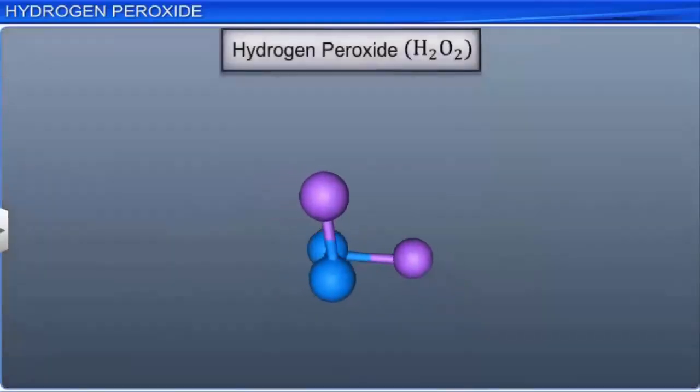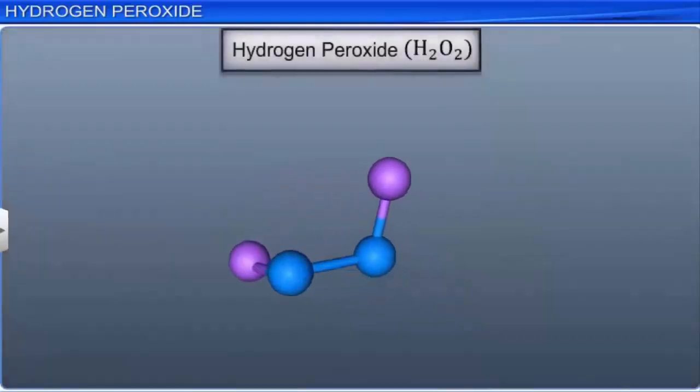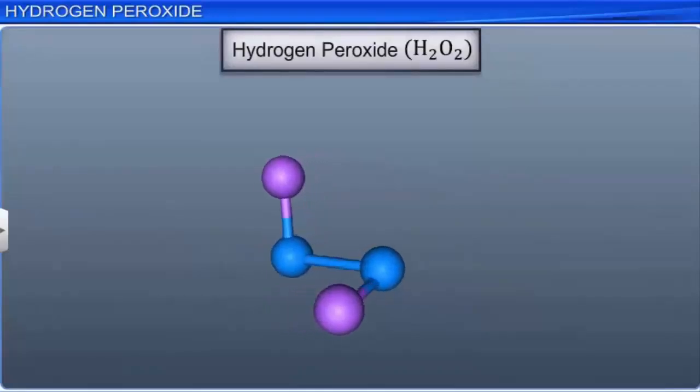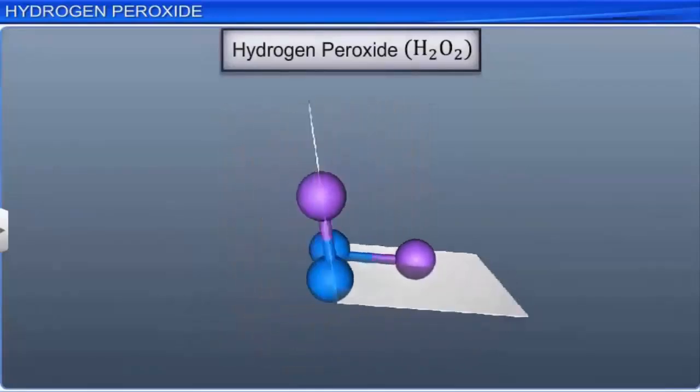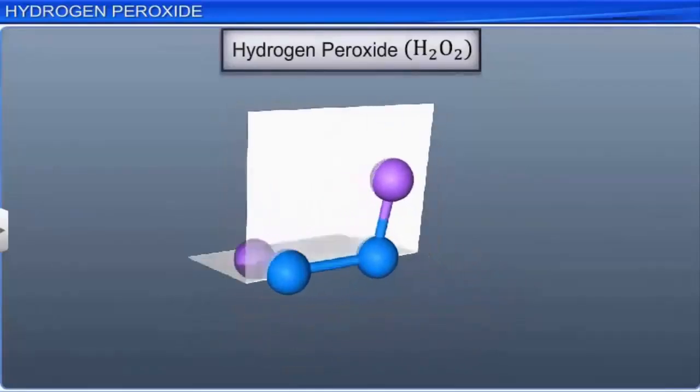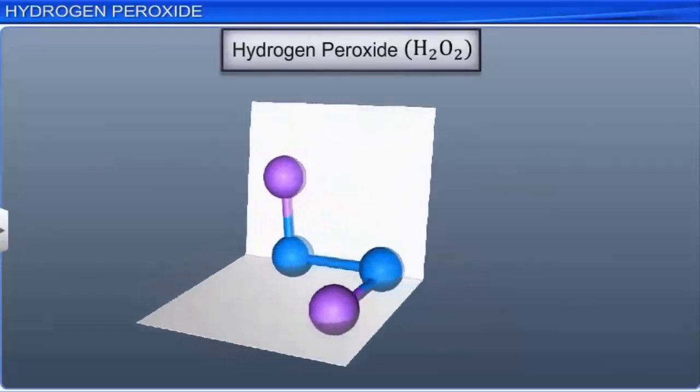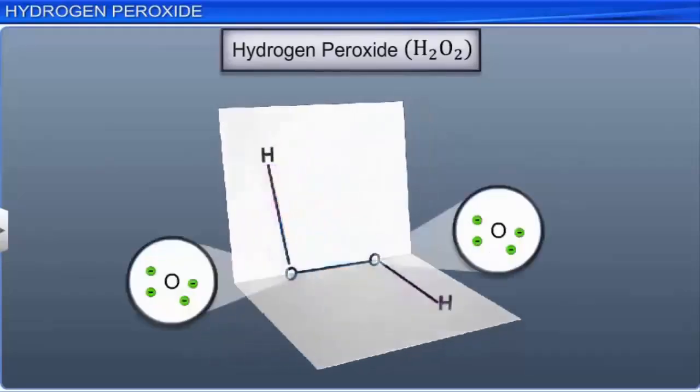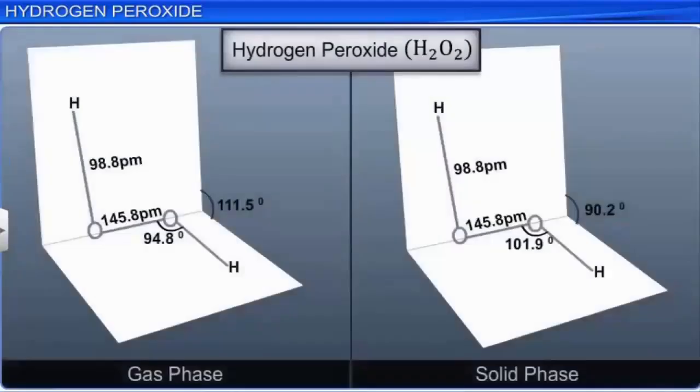Structurally, the hydrogen peroxide molecule is non-planar. It has an open book structure. The presence of lone pairs of electrons on the oxygen atoms and the hydrogen bonding gives the molecule a different structure in gaseous and solid phases.